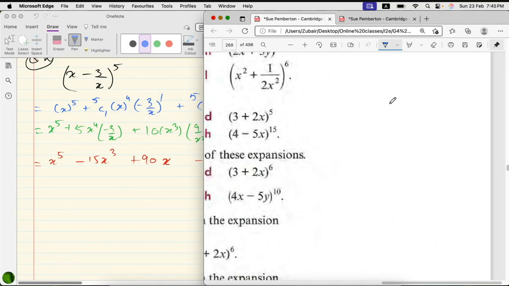Oh, for this one, it starts with x squared. So do we add the two? No, no, we multiply the two exponents, right?